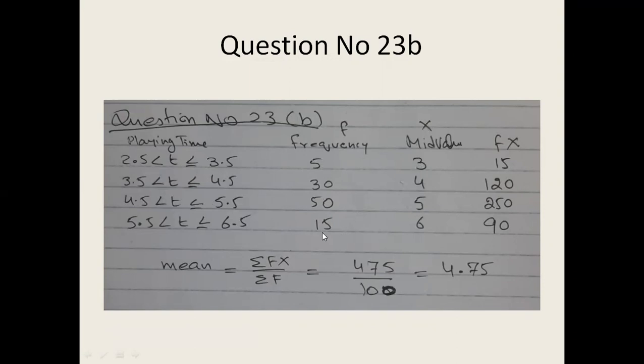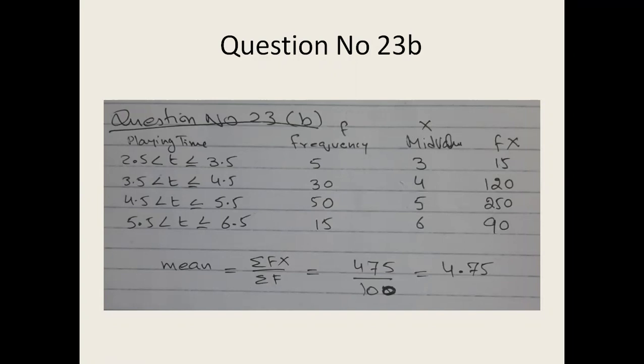We call them x. We have the frequency f, and we multiply them, fx. So 5 multiplied by 3 is 15. 30 multiplied by 4, that's 120. 50 multiplied by 5, that's 250. 15 multiplied by 6, that's 90. Mean is summation fx divided by summation f.